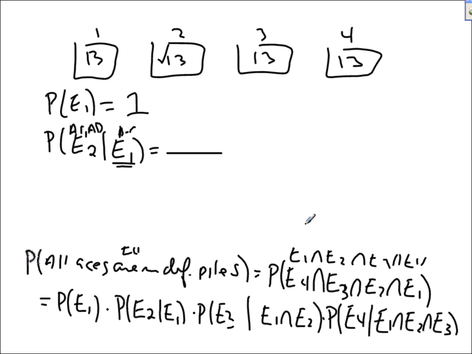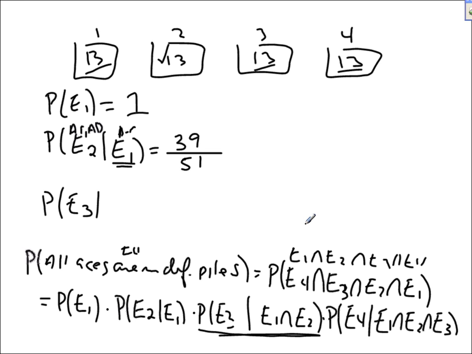Maybe we put it in pile number 2. There are now 51 cards left over, and we can put them in any one of the remaining 39 positions. 13, 13, 13.